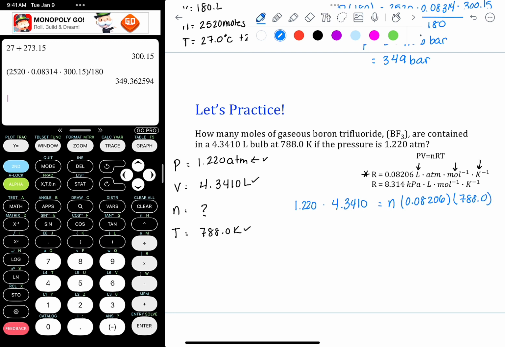And now we solve. So to solve for N, we're going to divide both sides by 0.08206 times 788. If you wanted to simplify those first, feel free.